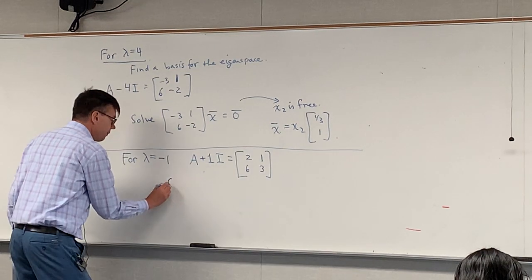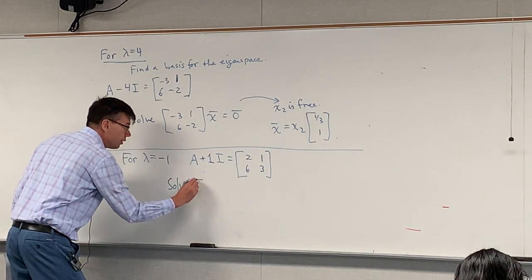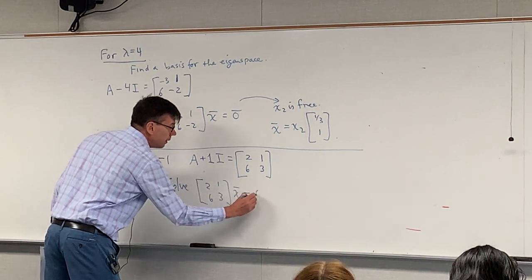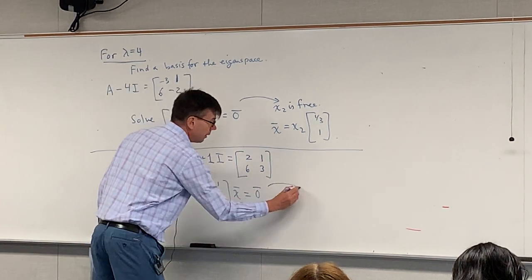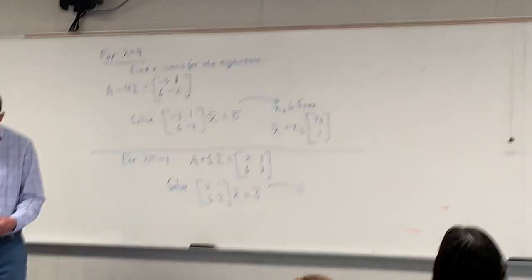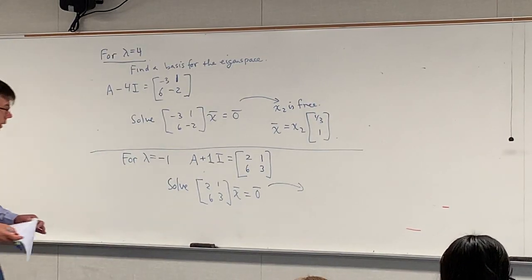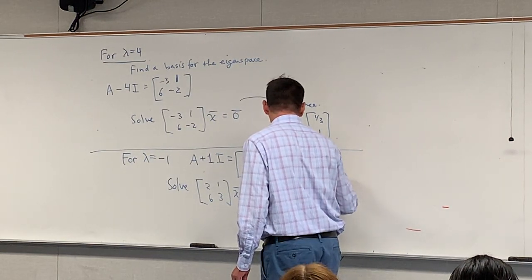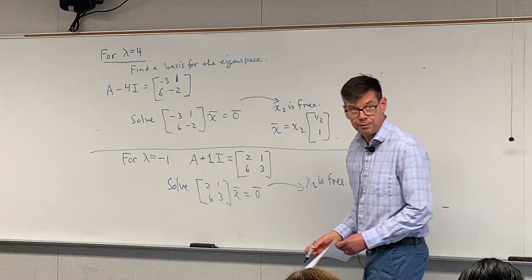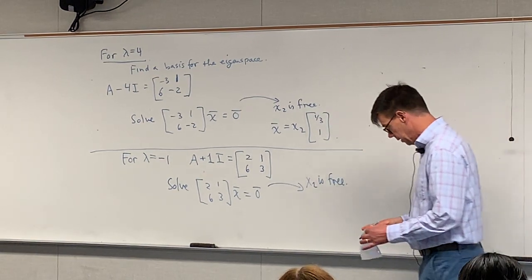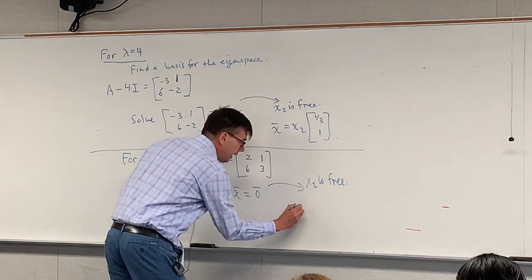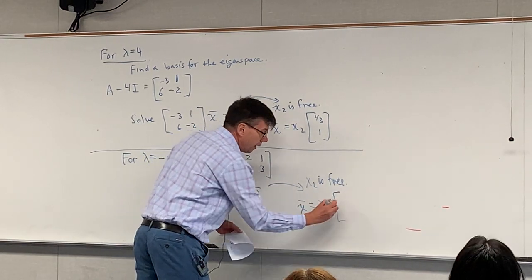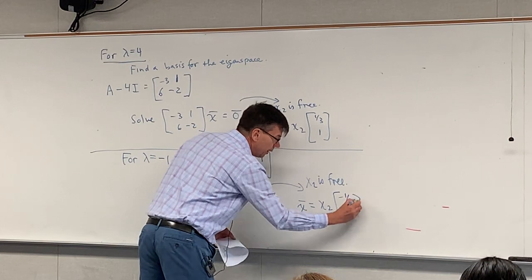And again, solve the homogeneous equation 2, 6, 1, 3, x equals 0. And that's easy. Here again, x2 is free. So one free variable means a one-dimensional solution space here. The solution x is going to look like x2 times -1/2, 1.